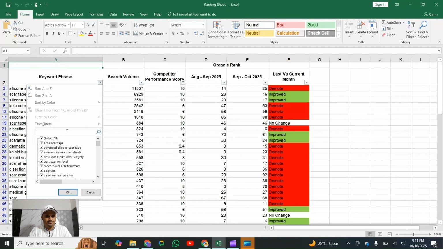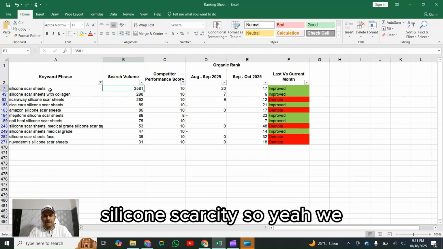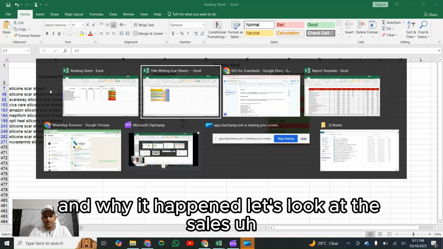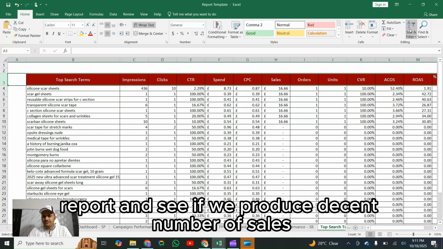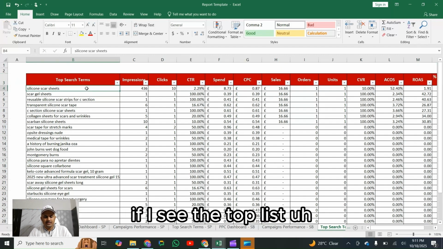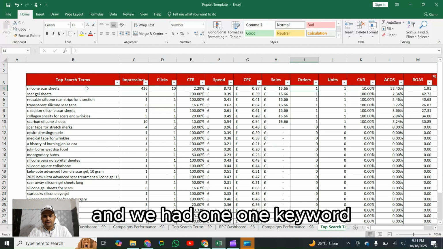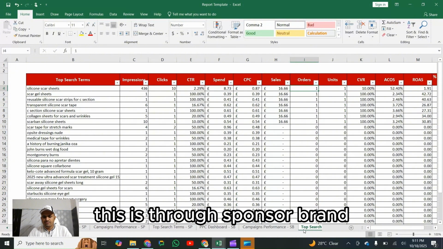in the rankings. Silicon scar sheet. So yeah, we did. We improved the ranks from 20 to 17, and why it happened, let's look at the sales in the system report and see if we produced a decent number of sales. The top keyword here, silicon scar sheet, had one, sorry, this is through sponsored brand.